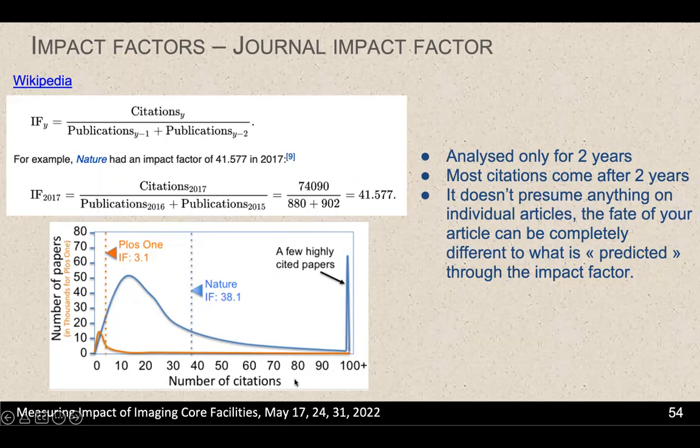With the second journal, the distribution is even more in the low end, but it is closer to what is really happening with the citations. A few very highly cited papers can really skew the impact factor. It doesn't mean anything about your own paper. So that's something to keep in mind, but it's still very prestigious. Maybe because it has a rejection rate of 80, or maybe 90, 95% now.